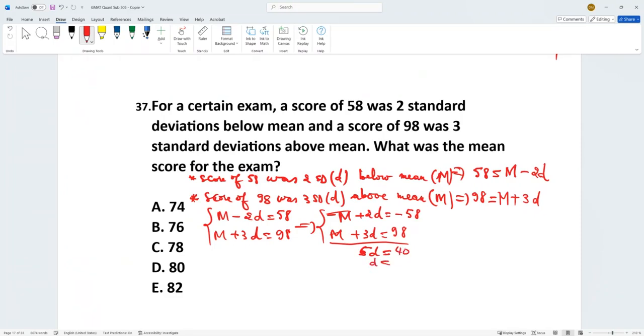So D is equal to 40 divided by 5, which is 8.